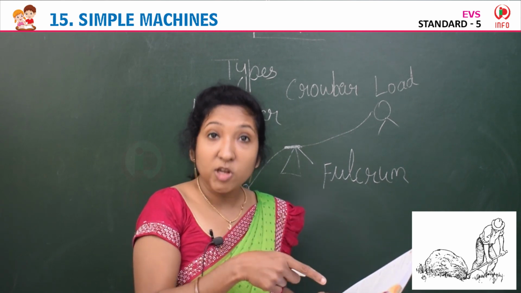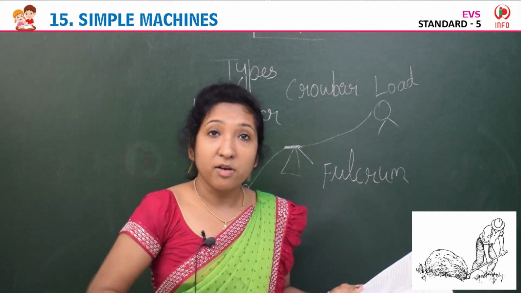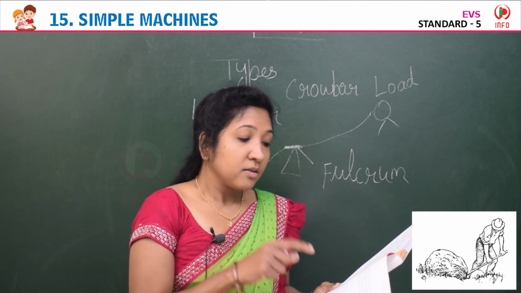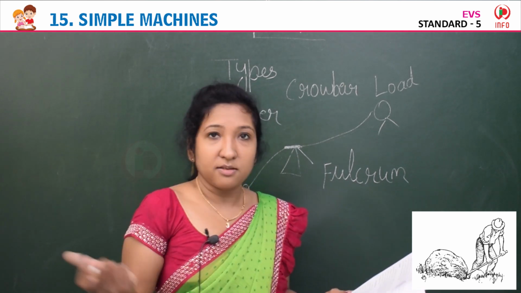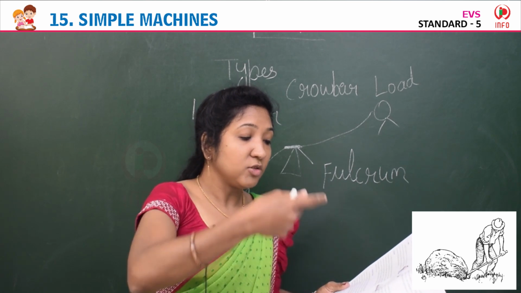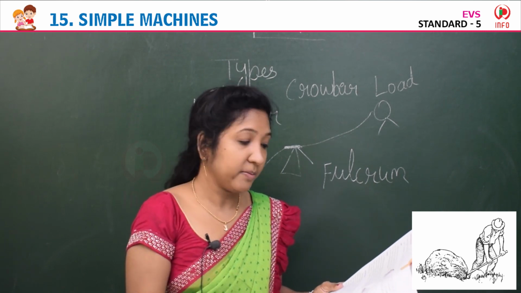You can see the picture over there. A man is trying to lift a big stone using the crowbar. The heavy object lifted is the load. Here that man is trying to lift the big stone, a rock, so it is the load.